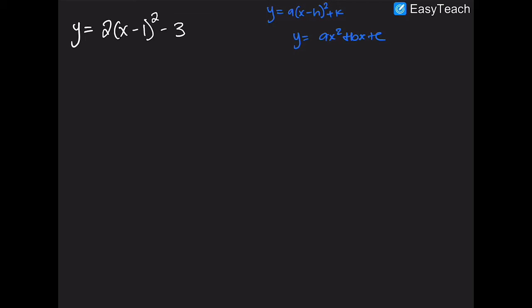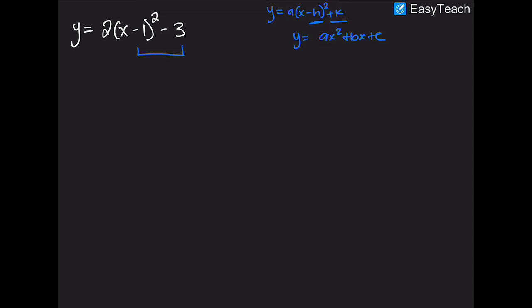The first step is to identify the vertex. The vertex in this equation is always our h and our k. So in this case, we have -1 and -3. But, and this is really important, as you progress you're going to notice that you have to take the opposite sign on your h.